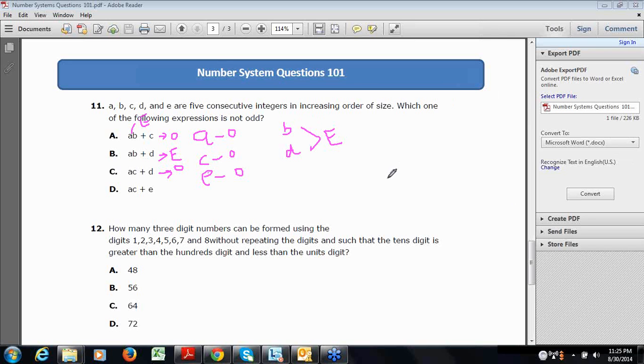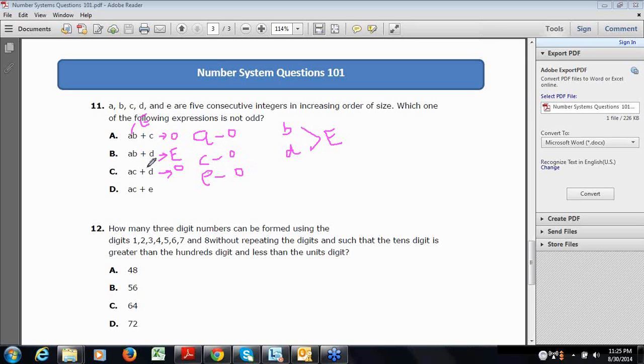Guys, you have to listen to me carefully. I am saying this is case 1. In case 1 I have considered A as odd. A is odd, so B will be even, C will be odd, D will be even, E will be odd. So in that case, A, C, E are odd, B and D are even.